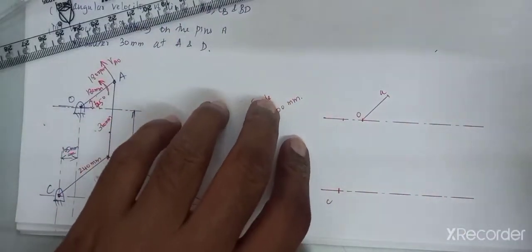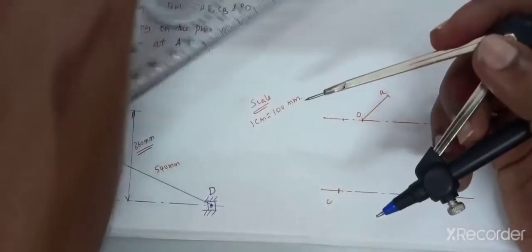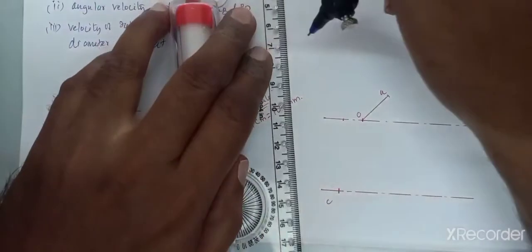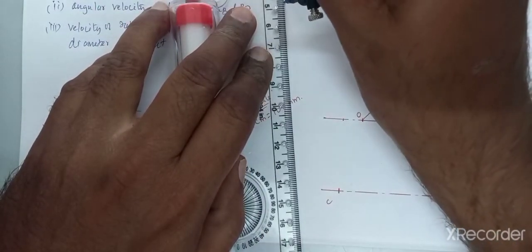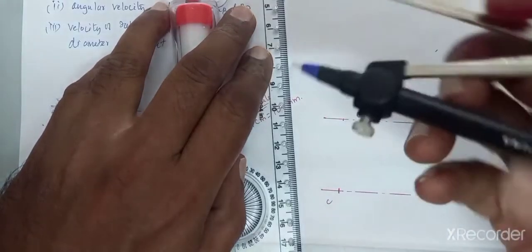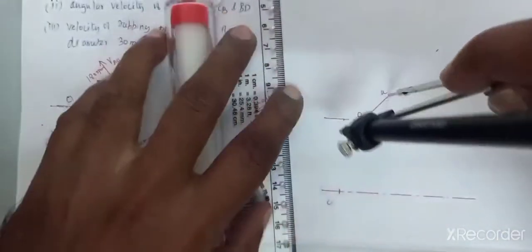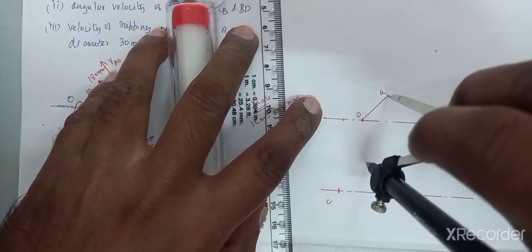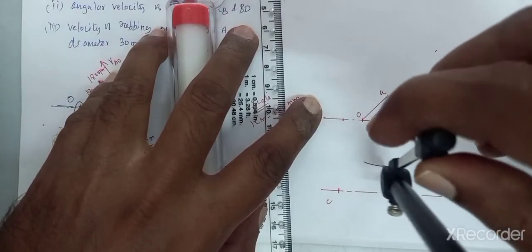Then after that, take the compass and measure 3.6 centimeter. So 3.6 centimeter from this point A, draw an arc like this.